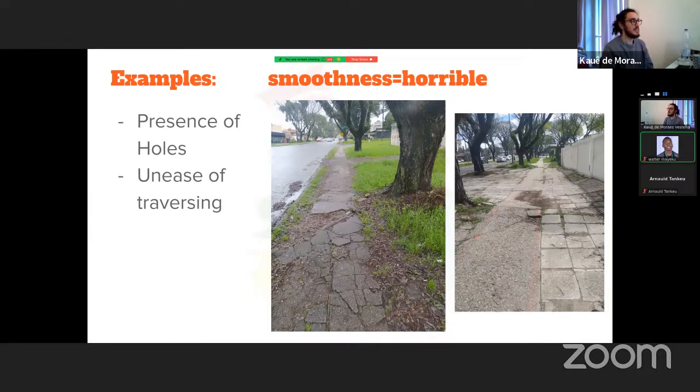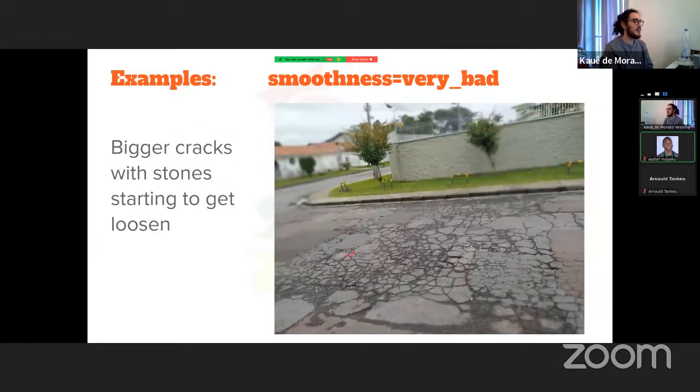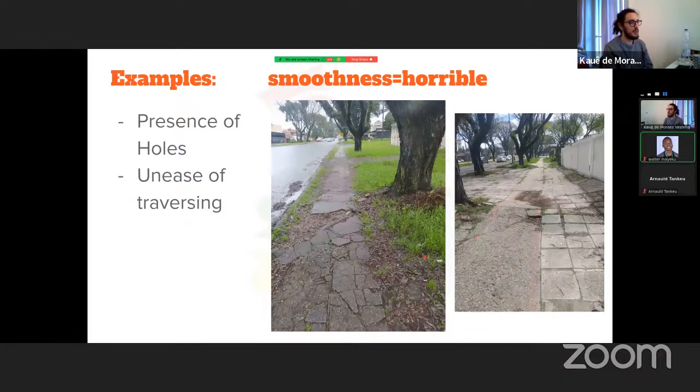It becomes a little bit dangerous, and you have holes already. Generally the difference between bad and horrible is that bad has larger cracks but not exactly holes, and horrible is where you are facing holes or so much unevenness.